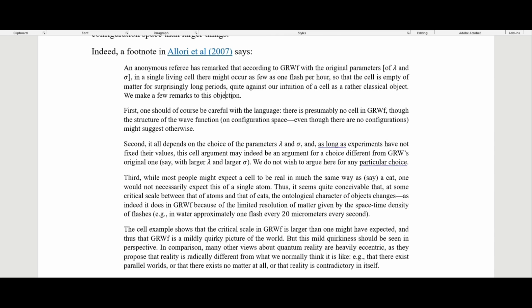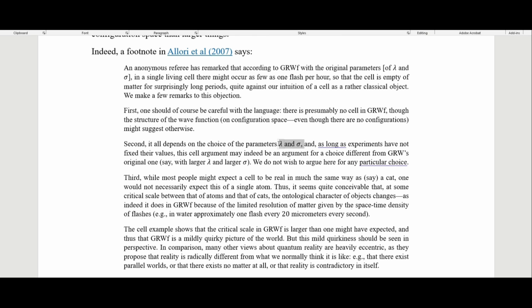We make a few remarks to this objection. First, one should of course be careful with the language here. There is presumably no cell in the flash ontology, though the structure of the wave function on configuration space, even though there are no configurations, might suggest otherwise. Second, it all depends on the choice of the parameters.